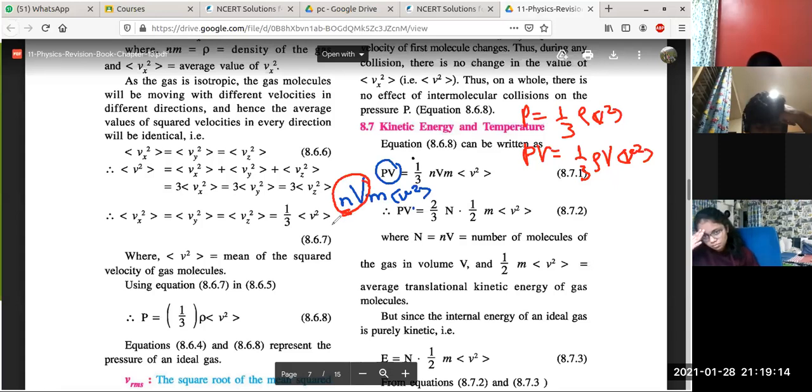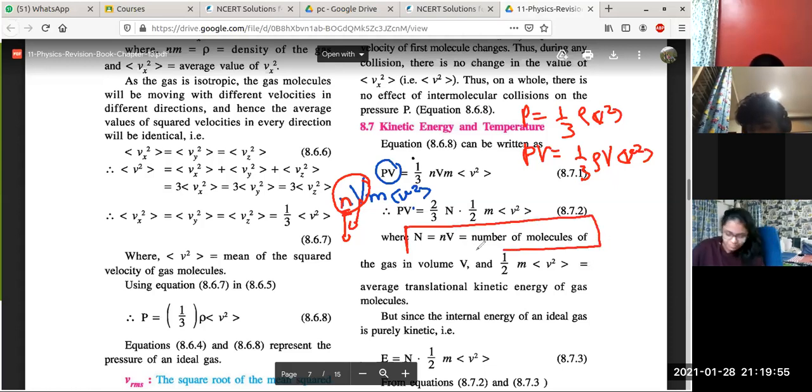What is this? n is the number of molecules per unit volume, and V is volume, so nV is the total number of molecules of the gas in volume V.